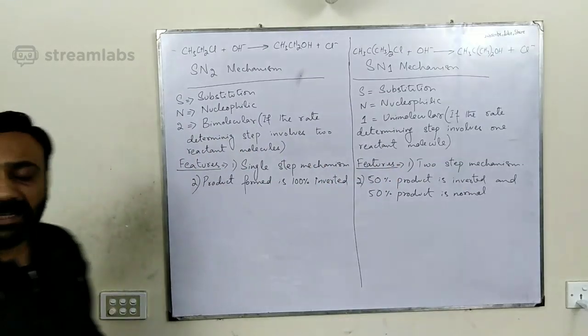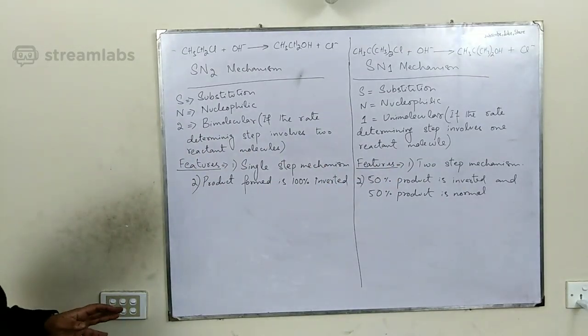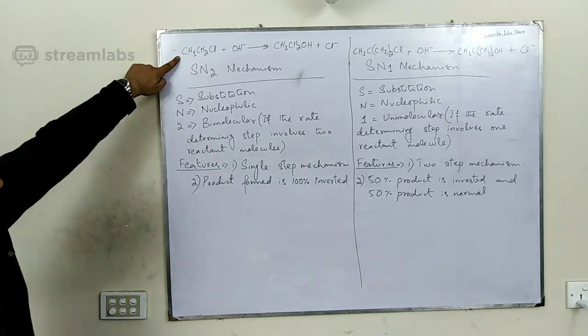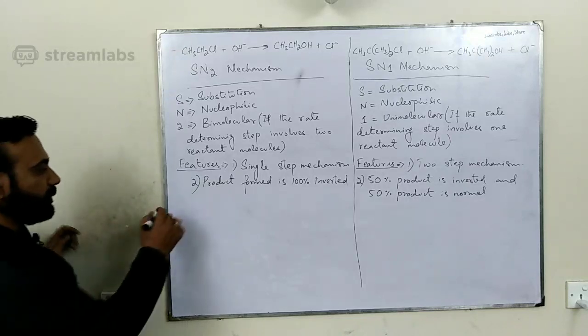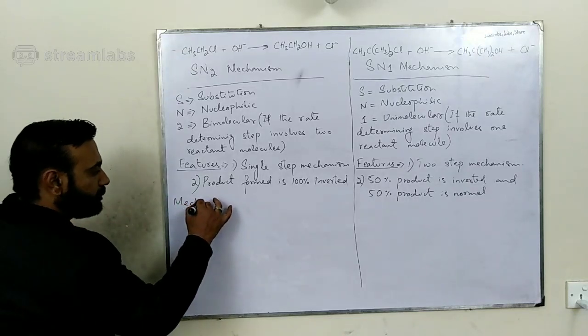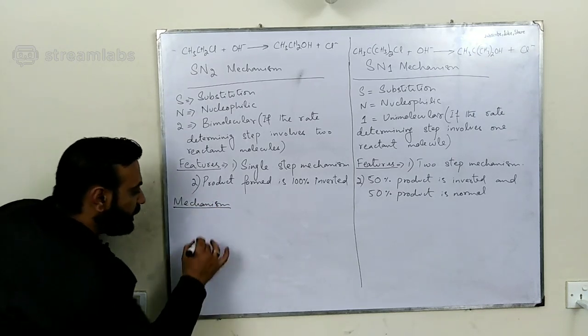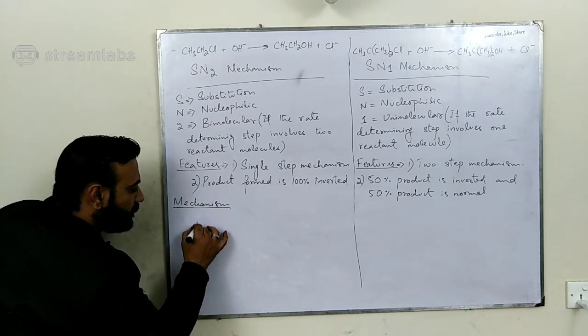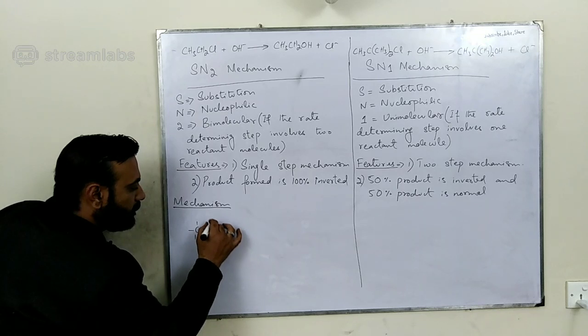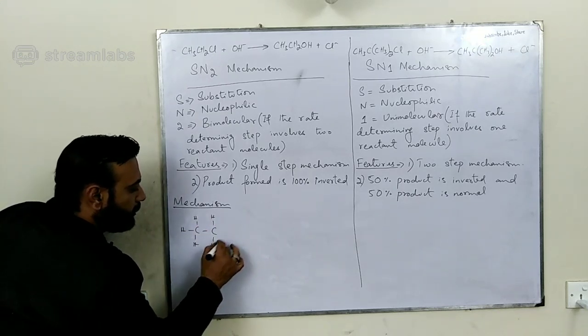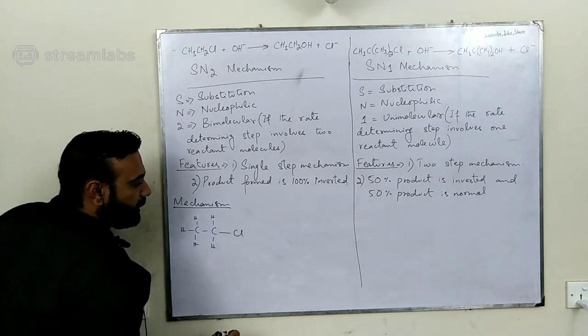Now one by one, let us take a detailed look at these mechanisms. For example, for Sn2, I am going to elaborate the mechanism of this particular reaction. Originally there was this chloroethane.